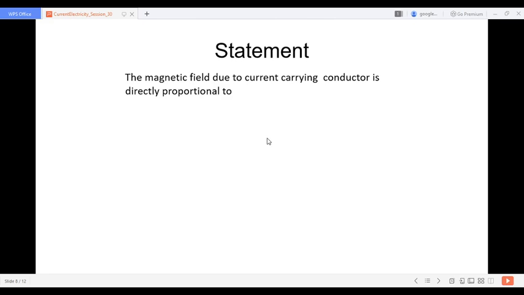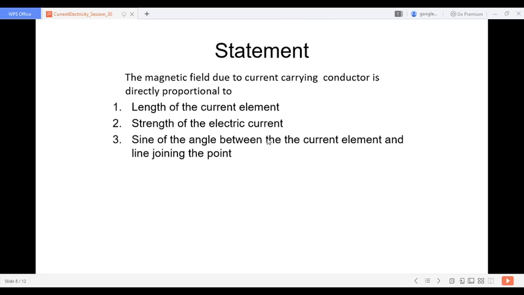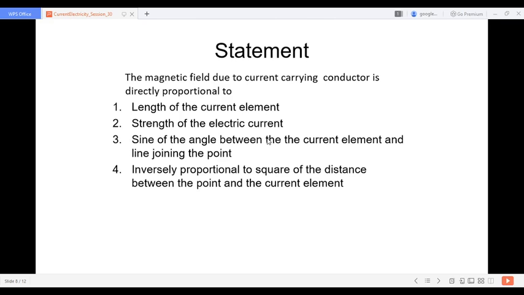The magnetic field due to the current carrying conductor is directly proportional to length of the current element, strength of the current element, sine of the angle between the current element and the line joining the point, and inversely proportional to square of the distance between the point and the current element. That is, del B is equal to mu naught upon 4 pi I dl cross r divided by r cube.